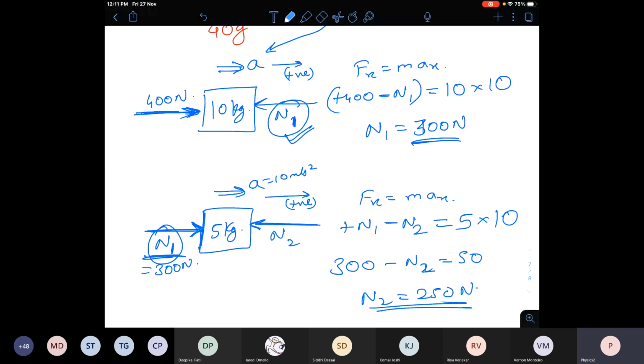Don't try to mix those things. Fx, what we are writing, represents the net external force on the body in the x direction. So don't mix it with normal and all, that is representing a completely different thing. So this is how you can do questions on normal reactions.